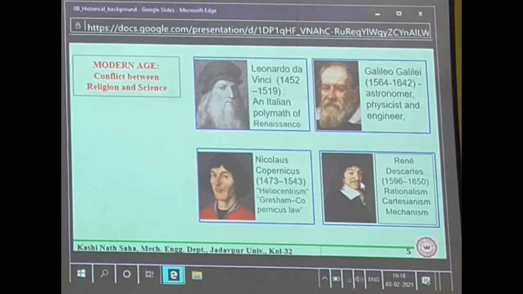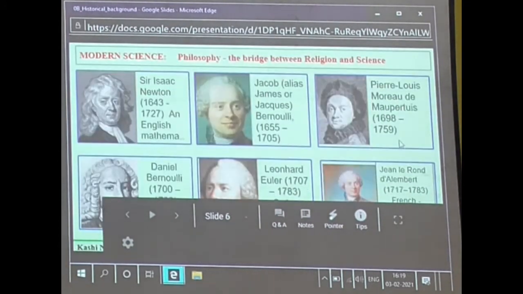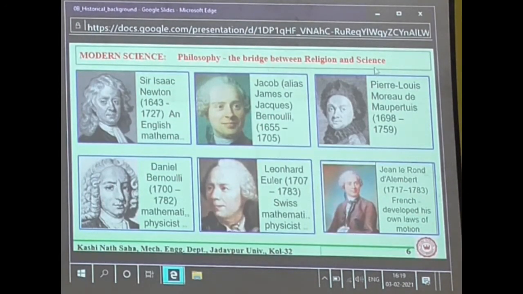So this conflict between religion and science was going on for some time, starting from this time, and when these philosophers came, they made a bridge between religion and science, religious people and scientists. So what philosophers could establish is that the domain of religion and the domain of science are altogether different.